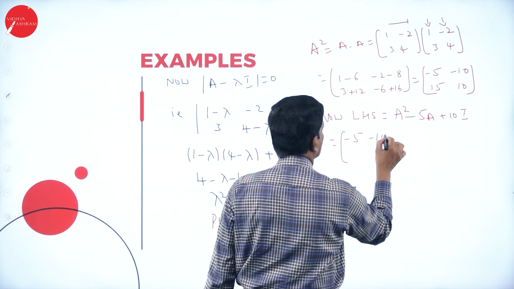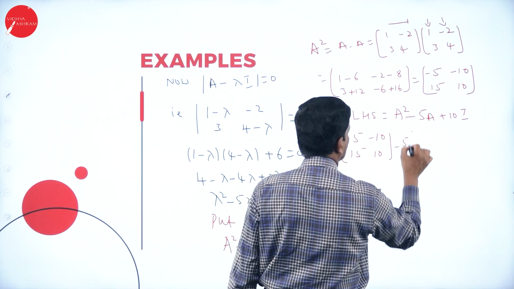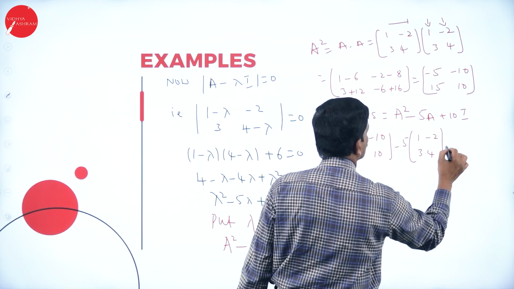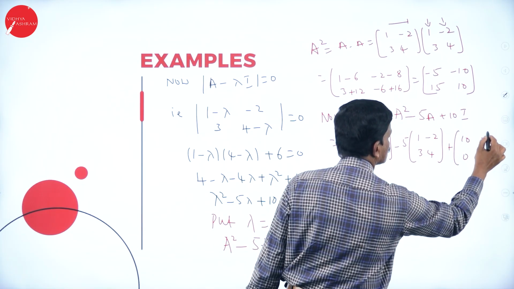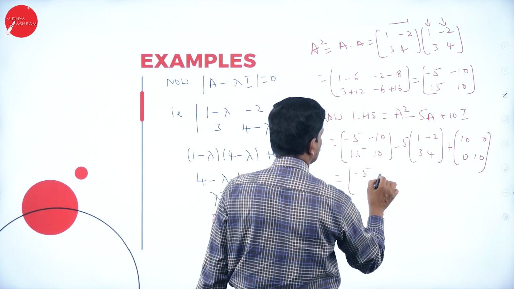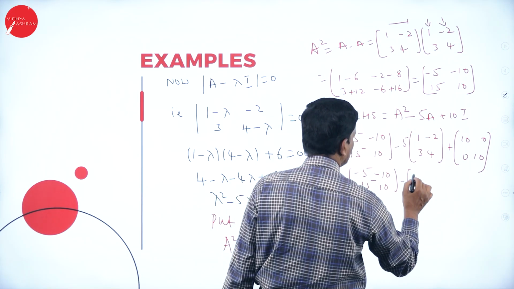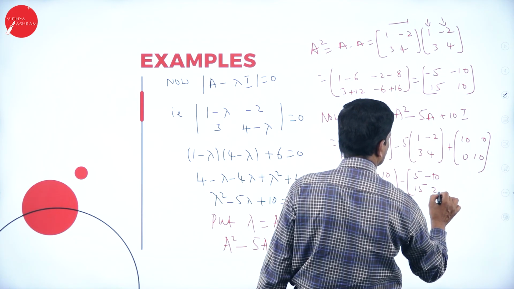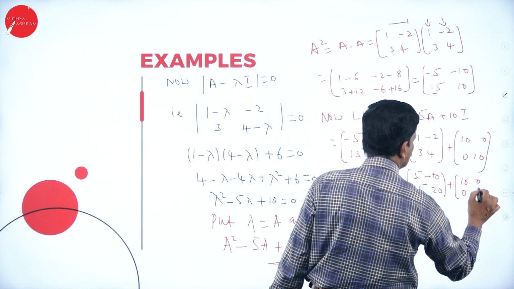Minus 5, minus 10, 15 and 10, minus 5 times A, 1, minus 2, 3, 4, plus 10I, meaning 10, 0, 0, 10, straight away you can put. So this is equal to minus 5, minus 10, 15 and 10, multiply by 5: 5 1s are 5, 5 2s are 10, 5 3s are 15, 5 4s are 20, plus 10, 0, 0, 10.